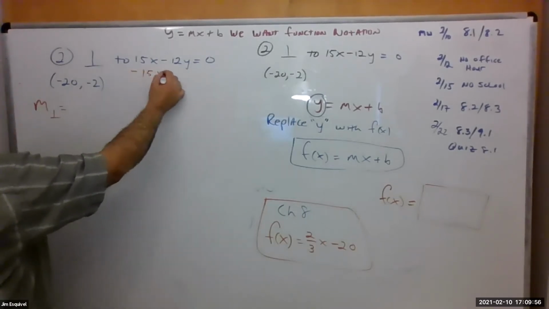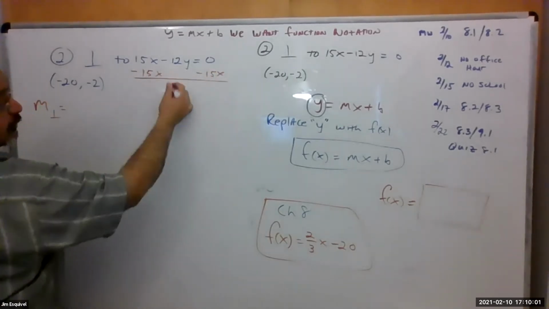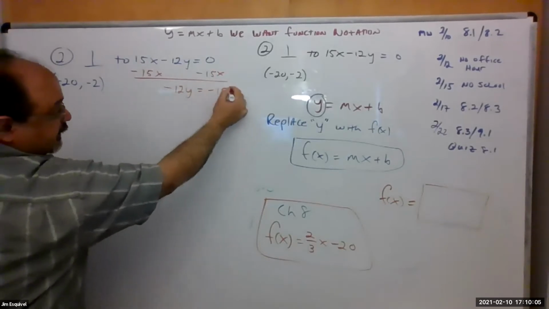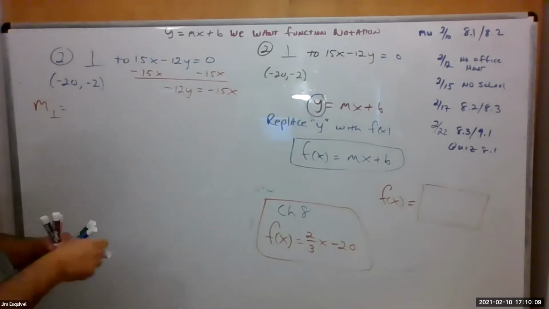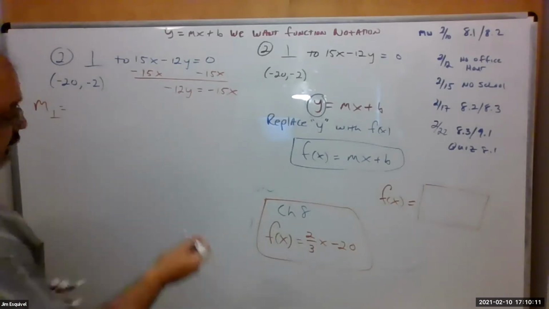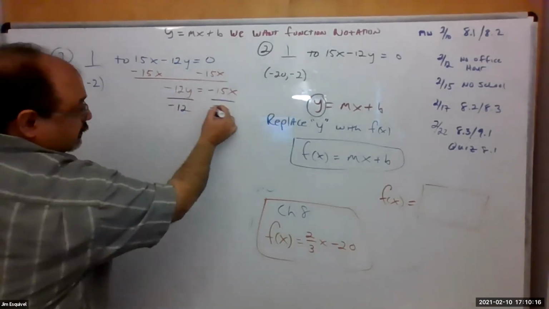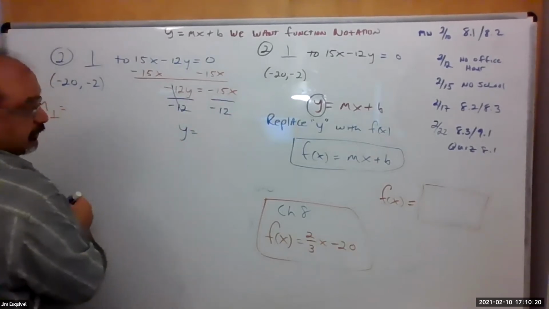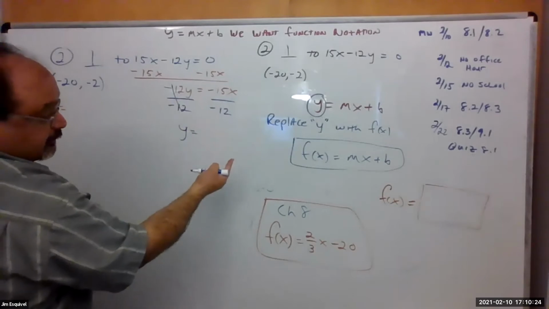Subtract 15x. So that's -12y equal to -15x. And then divide both sides by -12. And there's positive y equal to, a negative over a negative is a positive.